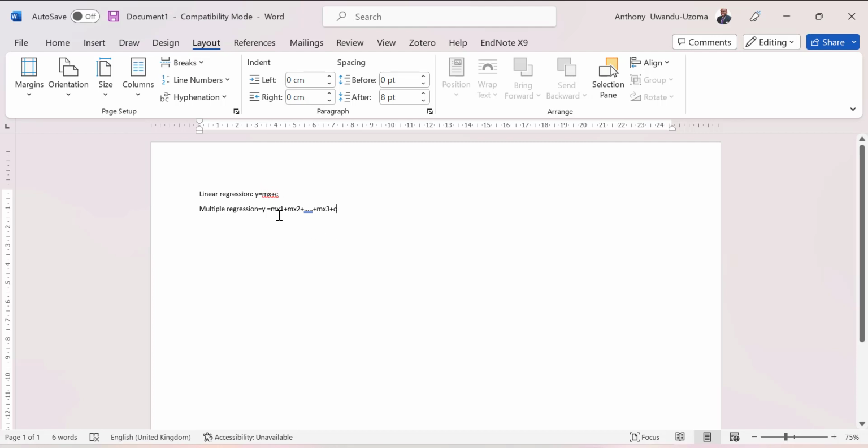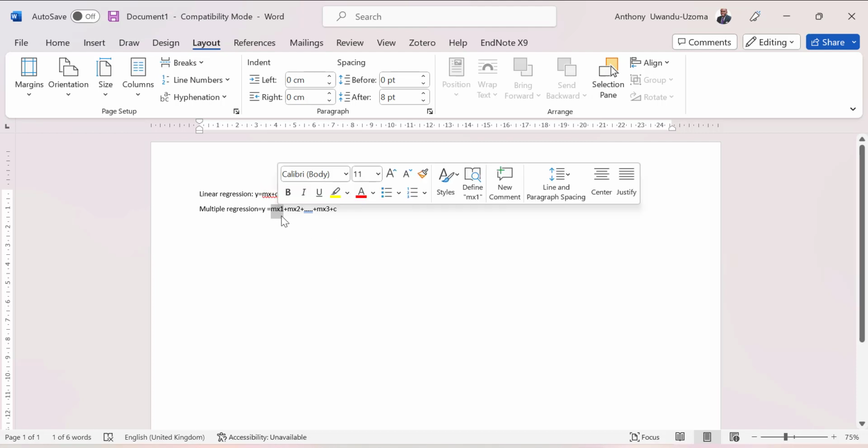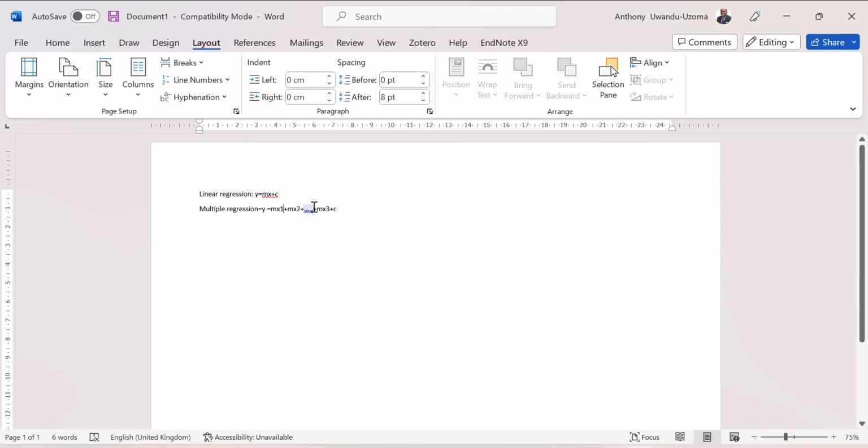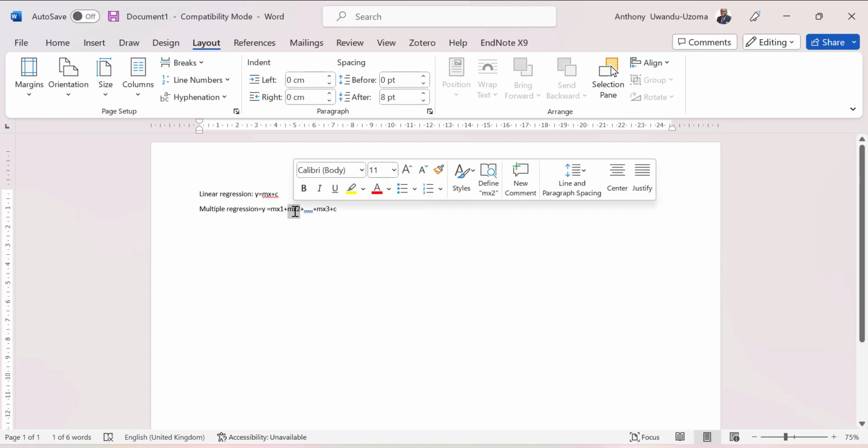So if you want to interpret the impact of the first independent variable, mx1, you have to keep the other ones constant. If you want to interpret the effect of mx2, the second independent variable, you have to keep the other ones constant.